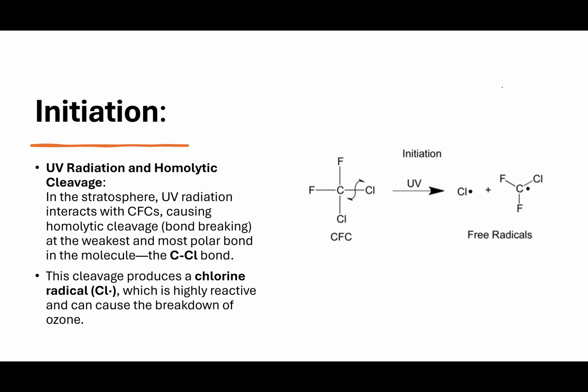So we're going to have a bond breakage at the weakest area, producing a chlorine radical, so two radical species, a chlorine radical and a chlorofluoro radical. Do we understand what is happening here?